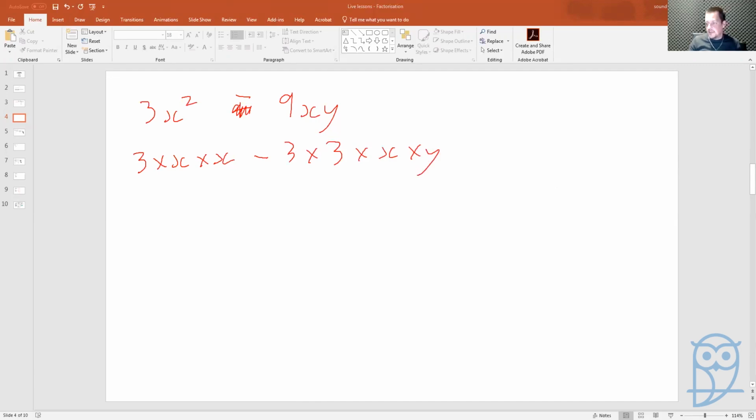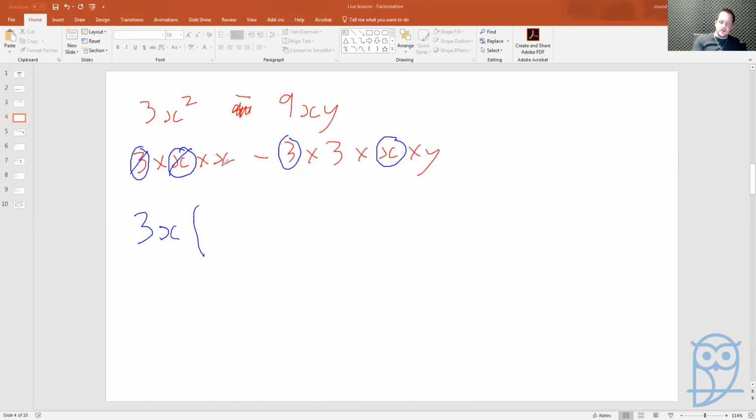Now I have to see, is there anything common? Well, I have a 3 there and a 3 there. Do I have another 3 that links to this one over here? No. So my common factor with reference to numbers is 3. However, I have an x there and I have an x here, which means that my common factor is not only 3, but 3x. And then what am I left with in this term?